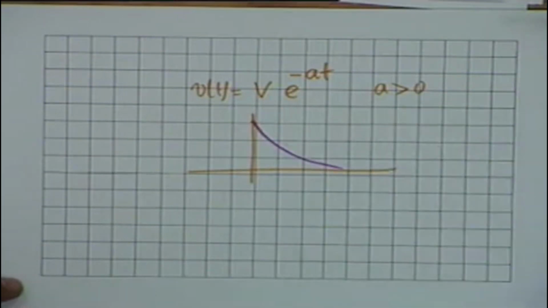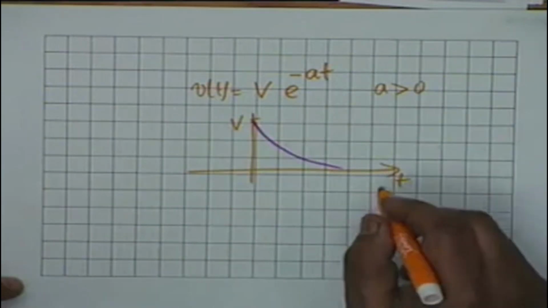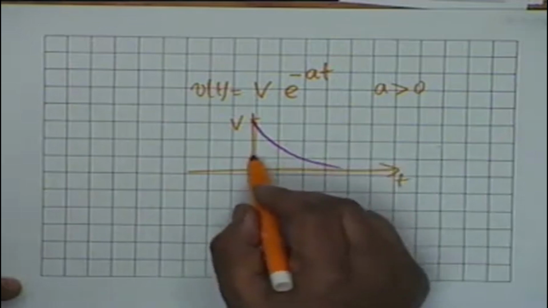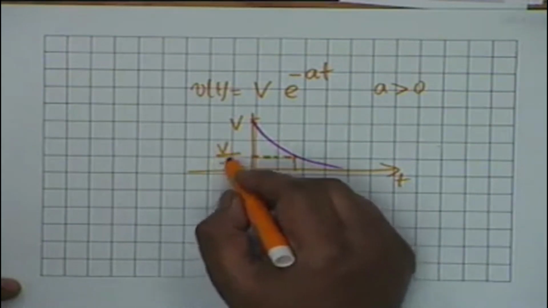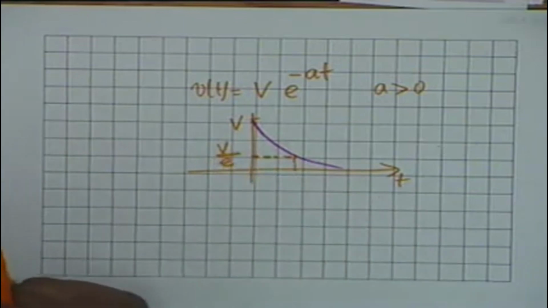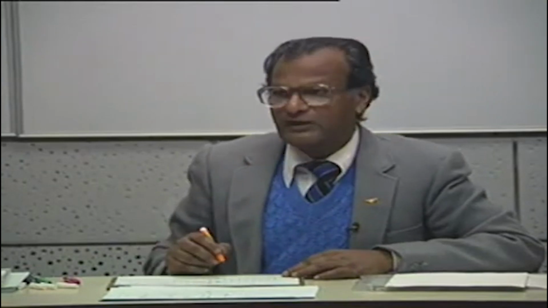It starts at capital V and it diminishes with time. Suppose we want to find out the time at which the voltage reduces to V by e, that is the eth fraction of the original voltage. Then let's call this time T1.